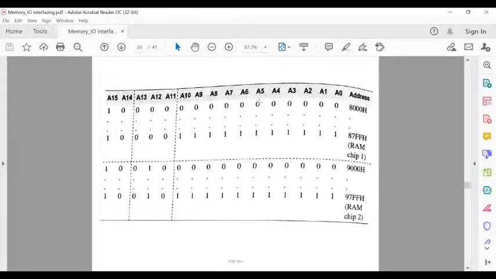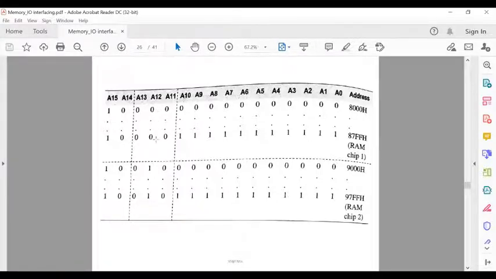So all these lines, from A0 to A10, only these address lines are connected to the RAM. That's why these are varied from all zeros to all ones. Okay, write down 1 over here. Then the remaining address lines will be the same from the initial position to the last one. That's why it is written as 10000 as it was in the initial condition.